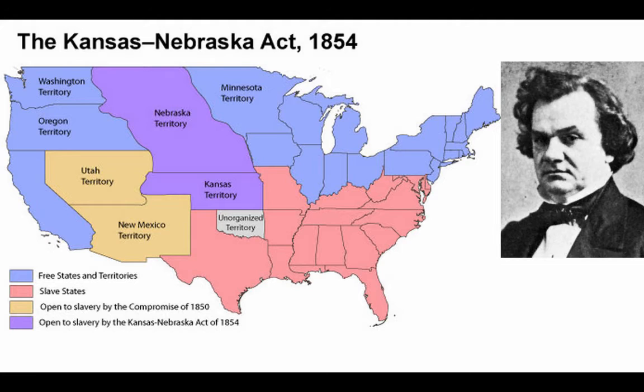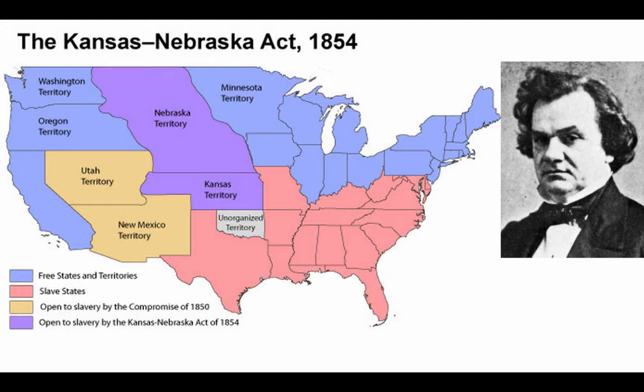The whole reason for the Kansas-Nebraska Act is because there is a growing need for a transcontinental railroad that's going to connect the East to the West. And Stephen Douglas, a very powerful Illinois politician, is going to want that transcontinental railroad to go through the North, specifically Chicago is where he's going to want the terminus.